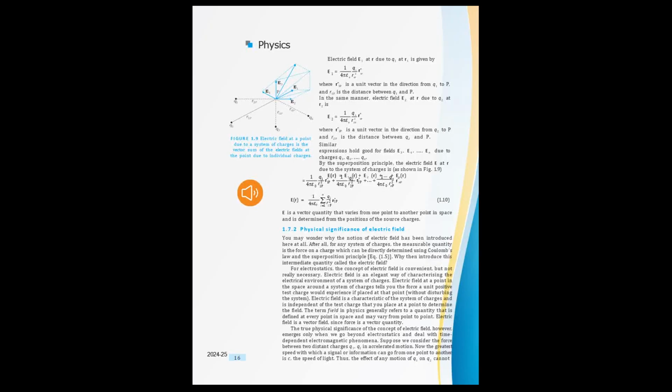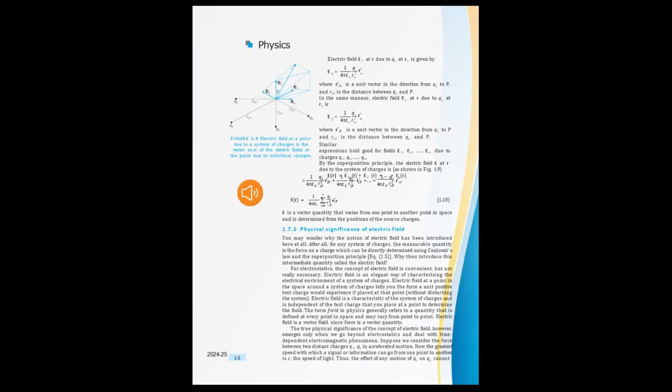Up to qn. By the superposition principle, the electric field E at r due to the system of charges is as shown. E of r equal to E1 of r plus E2 of r plus and so on up to En of r. That's equal to 1 by 4 pi epsilon naught, q1 by r1p square, r1p cap, plus 1 by 4 pi epsilon naught, q2 by r2p square, r2p cap, plus and so on up to 1 by 4 pi epsilon naught, qn by rnp square, rnp cap.